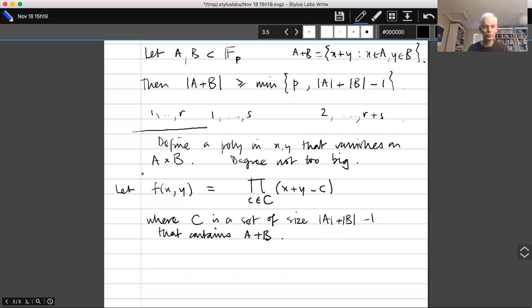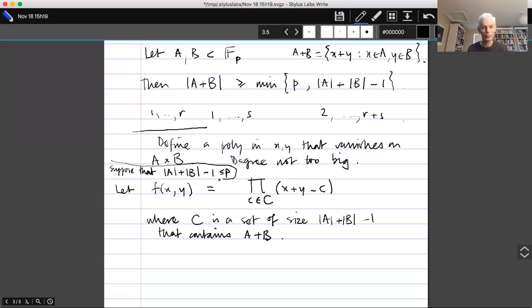So I'm going to suppose, first of all, in order to make this work, let us suppose that |A|+|B|-1 is less than or equal to p, so that we can actually do this.